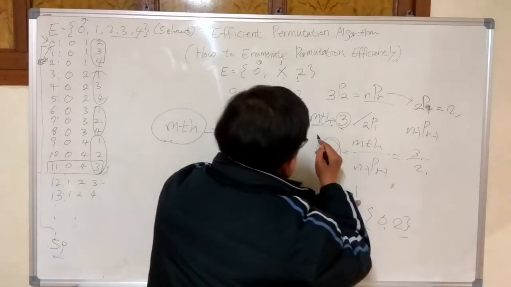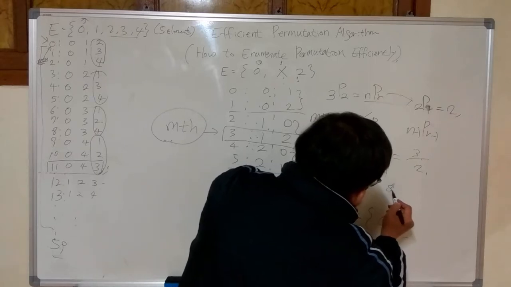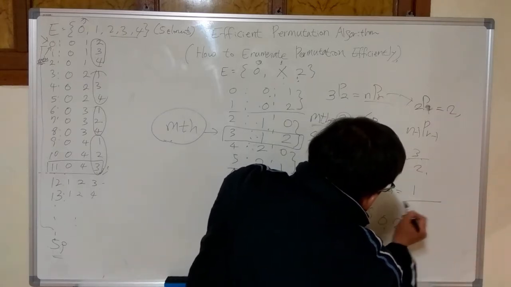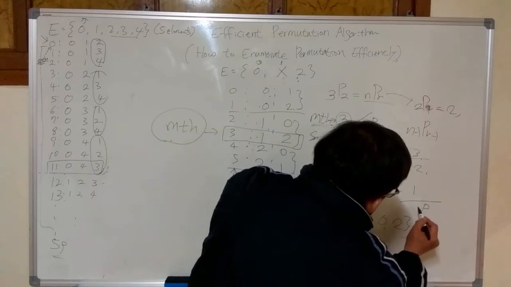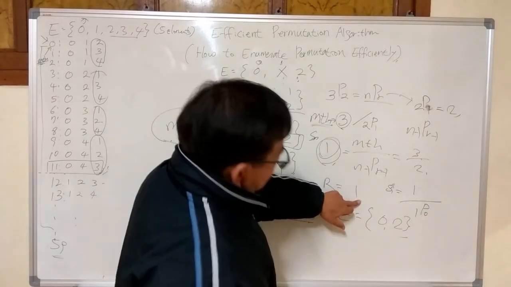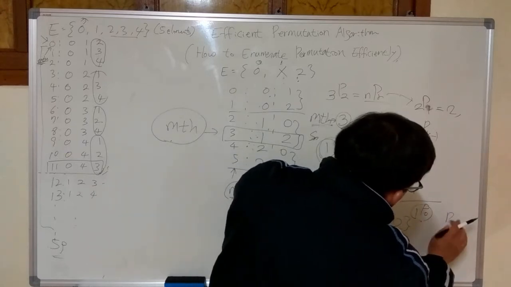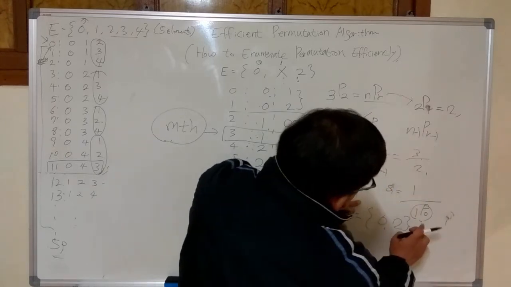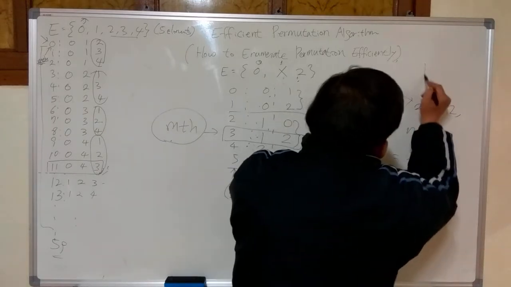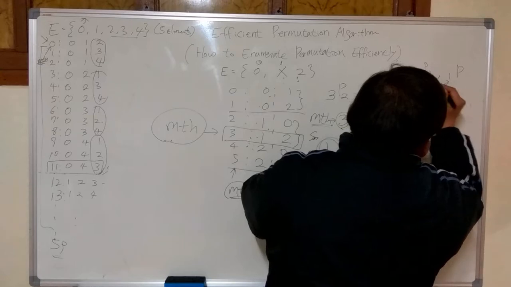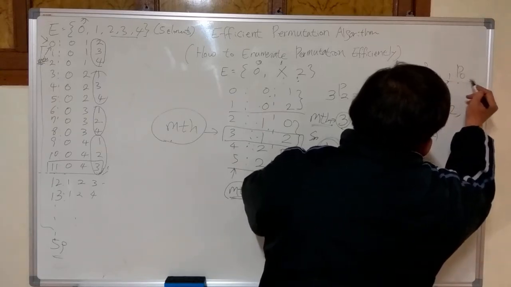I would say this is S0, S1 will be computed like this: 1 divided by P(1,0), like this. Because this is the next, P(2,1), P(1,0), P0 equals 1.